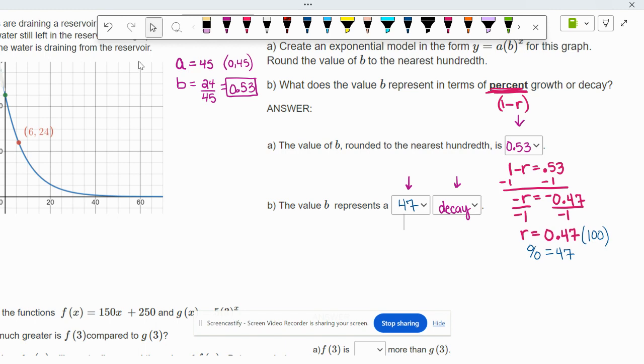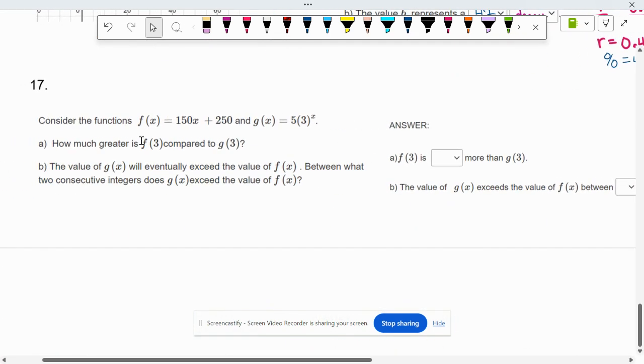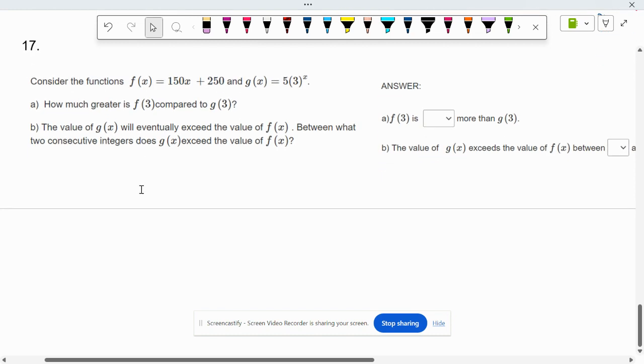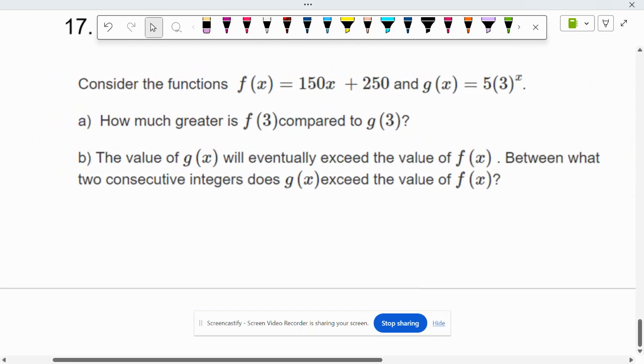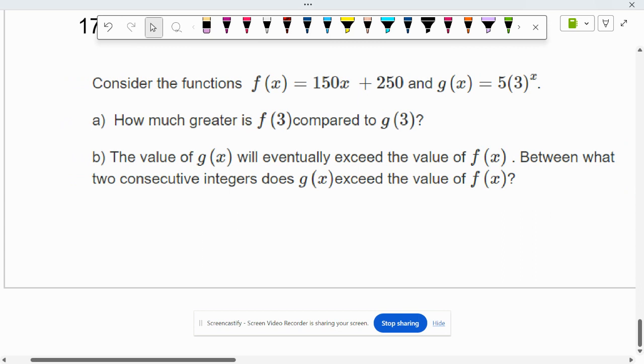It says, consider the function f of x equals 150x plus 250 and g of x equals 5 times 3 to the power of x. It says, how much greater is f of 3 compared to g of 3? So that's the first thing that we need to find. What does that mean?